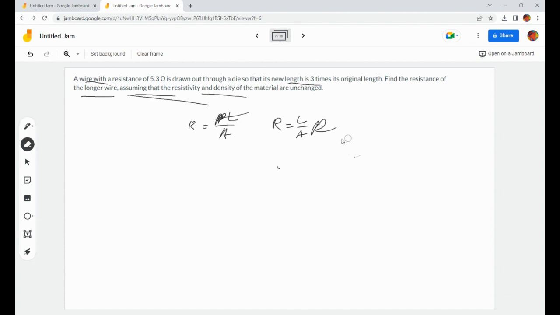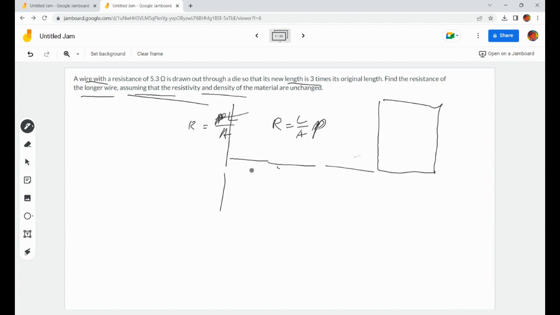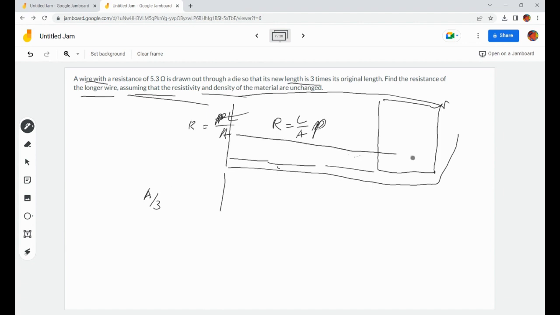Not because I'm wrong about this. What we need to understand is that if we increase the length by 3 times, you also need to understand that it is multiplying or dividing the area by 3, depending on how it looks. I think it's divided by 3 because the area doesn't change, so you are conforming to this.